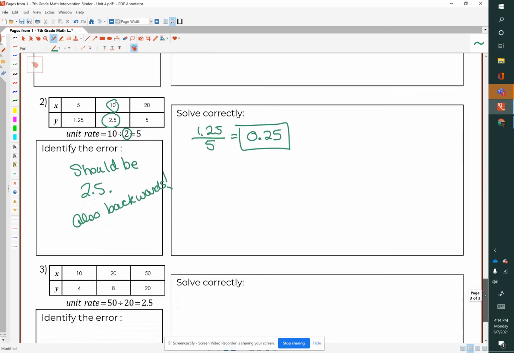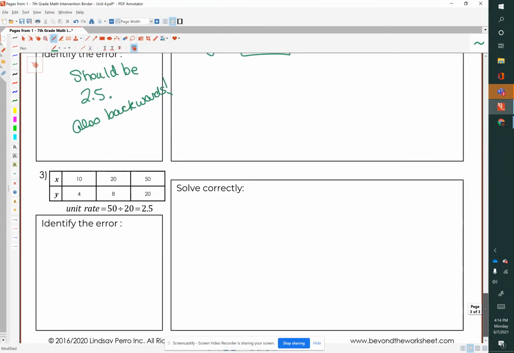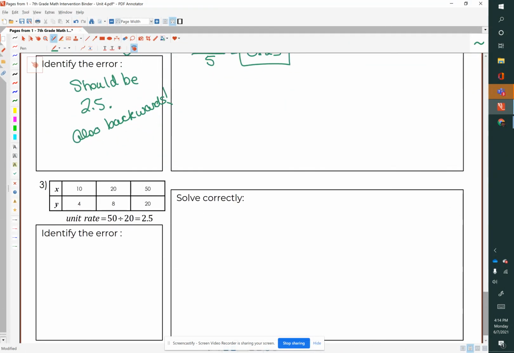And I believe we have one more. So we've got X values of 10, 20, and 50, and we have Y values of 4, 8, and 20. They said that the unit rate is 50 divided by 20, and they got 2.5. Basically, their division is backwards.